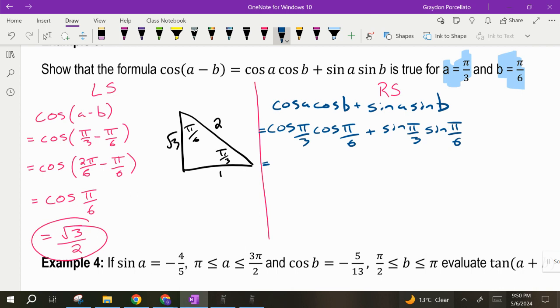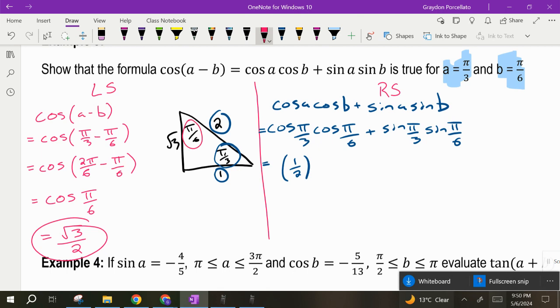So the cos of pi over 3, well, that's our angle here. So it's adjacent over hypotenuse. So that's 1 over 2. Okay. Cos of pi over 6, so that's this angle here, and that's adjacent over hypotenuse. So that's root 3 over 2. Okay. Plus sine of pi over 3.